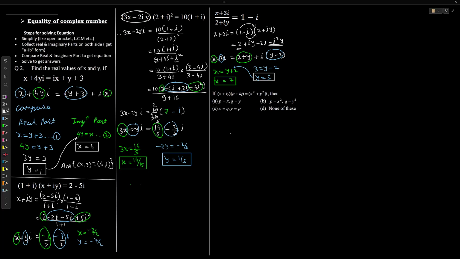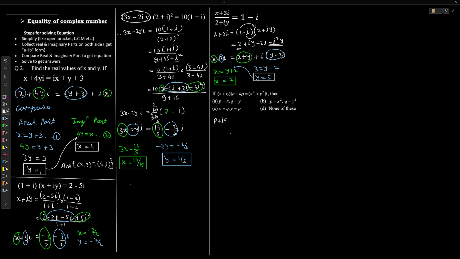(x + iy)(p + iq) = (x² + y²) i. Notice xy वાળા terms બહુ બધા છે, but p અને q વાળો એક જ complex number, right?